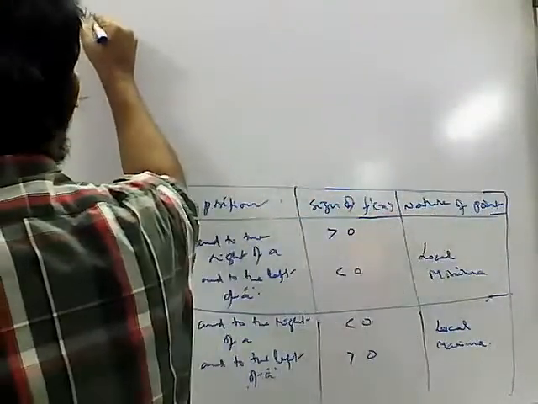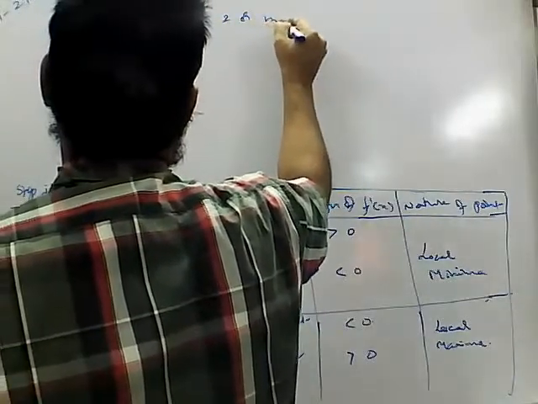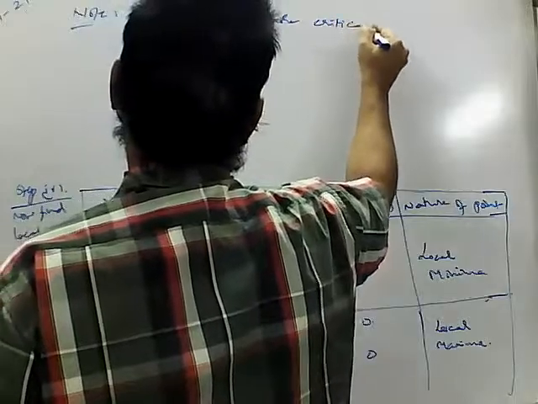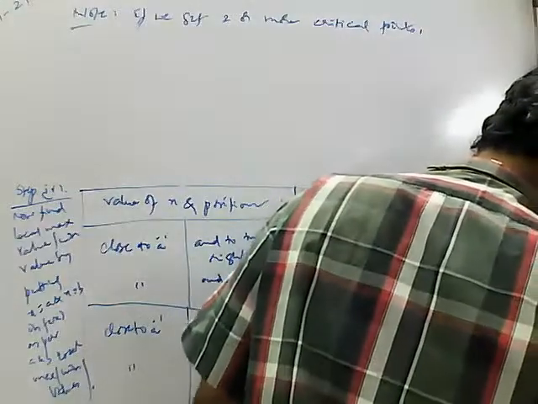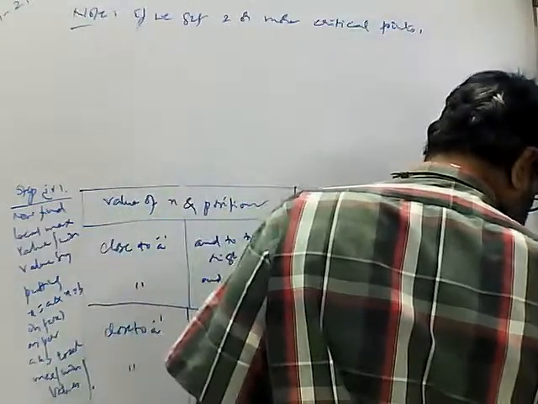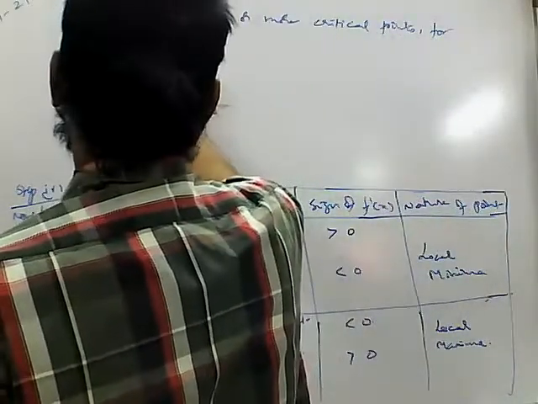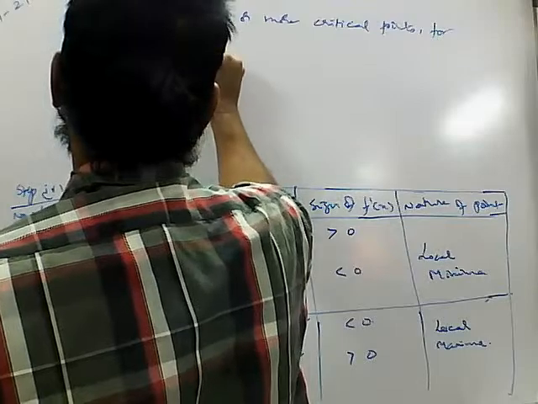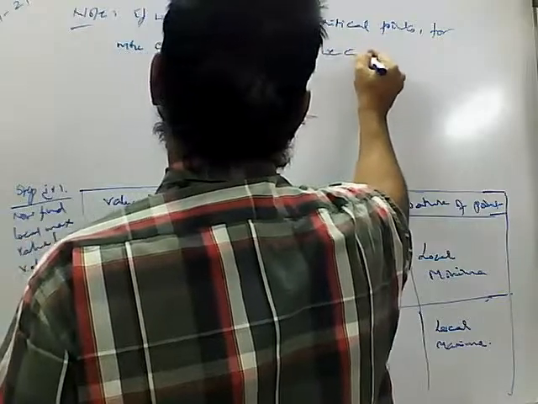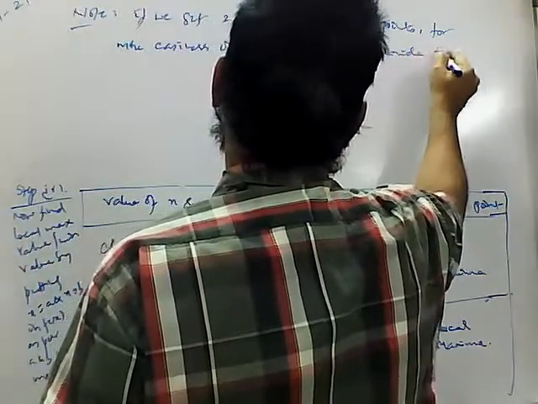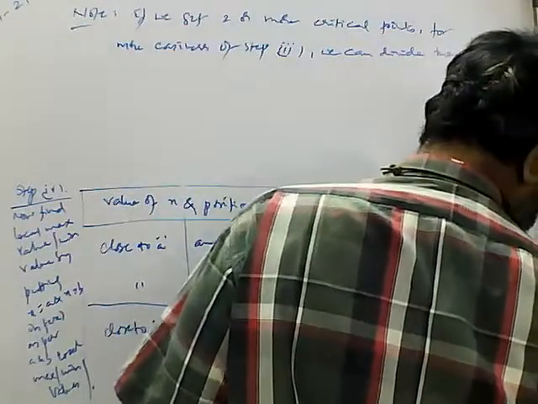Note: if we get 2 or more critical points, then for more easiness of step 3, we can divide the real number line into intervals.